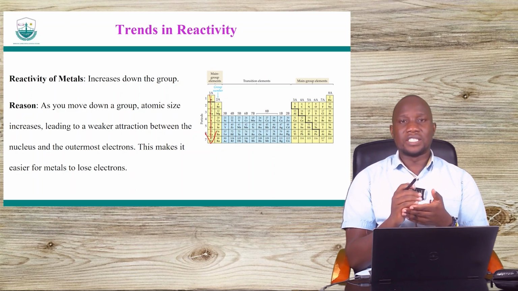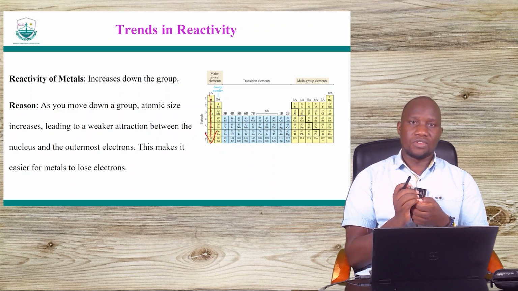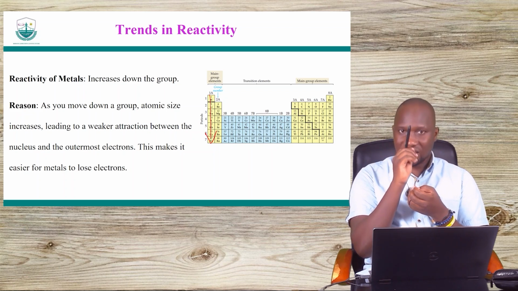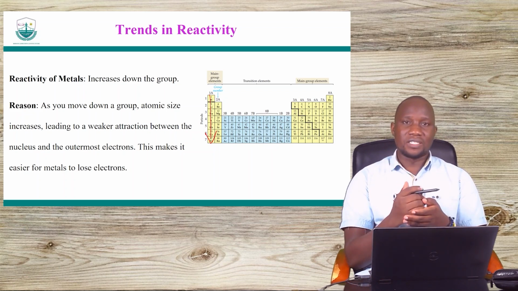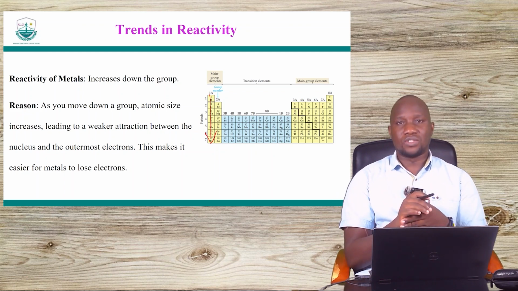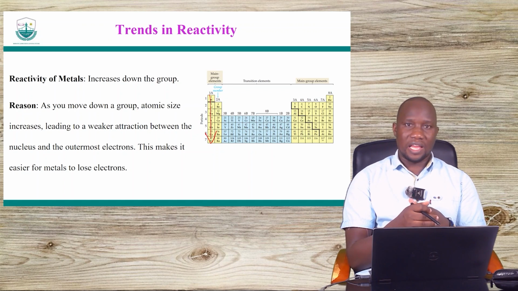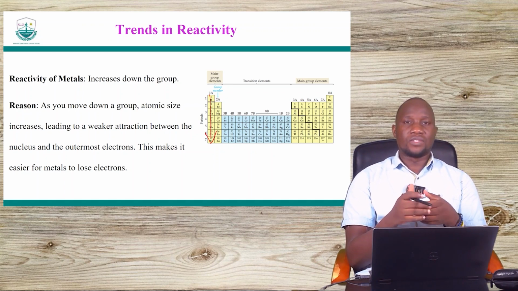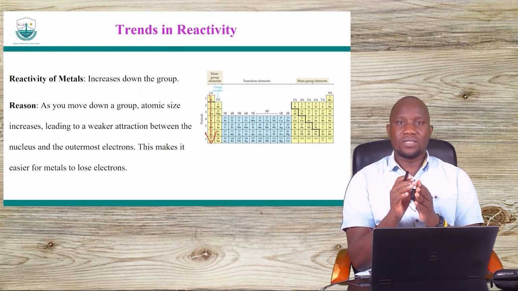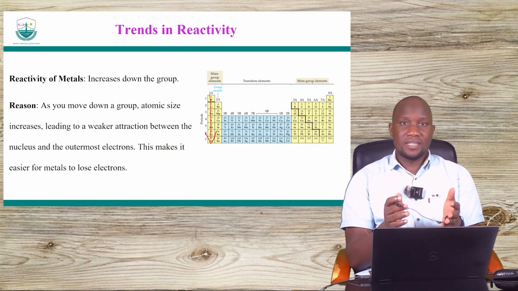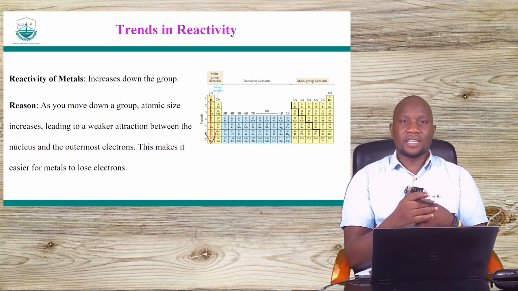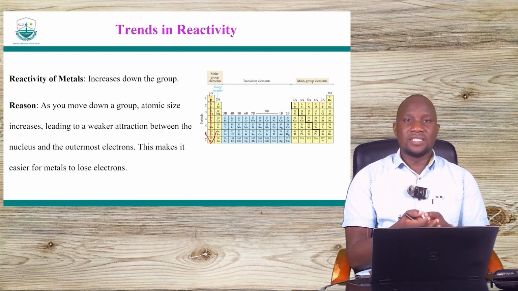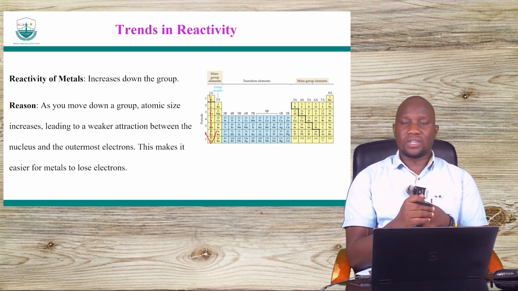And when it increases, it means that the nuclear attraction, or the nuclear charge attracting the electrons, decreases, and therefore it is easy for the outermost electrons to be lost, and therefore they can easily participate in a reaction. So the easier they can lose the outermost electrons, the better. And that means the easier the reaction will happen. But the harder it is, then it means that you will not have a reaction happening.